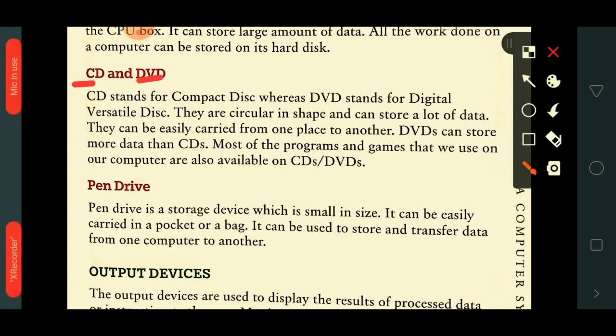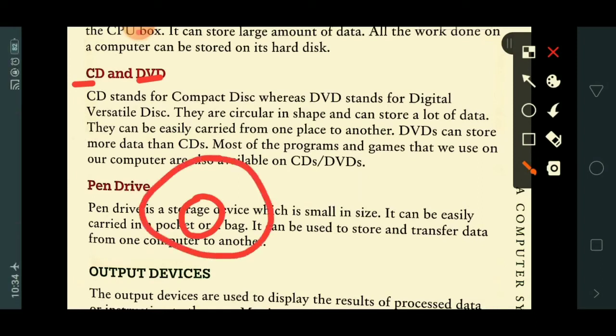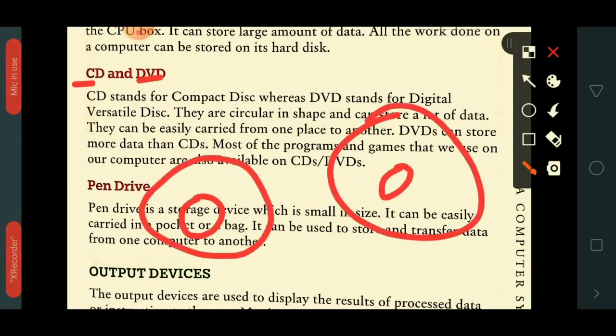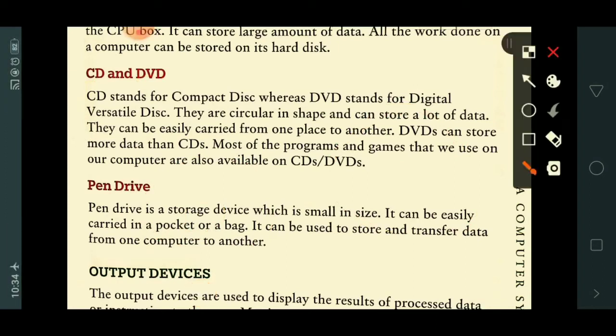They are circular in shape and can store a lot of data. How do CD and DVD look? See, their shape is circular. Both devices store a lot of data. They can be easily carried from one place to another.